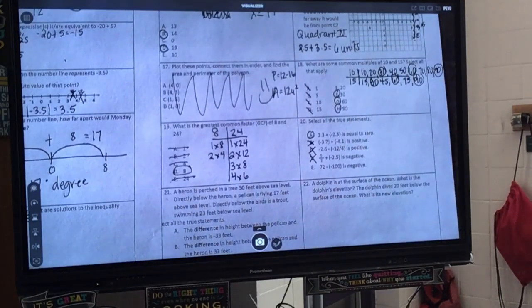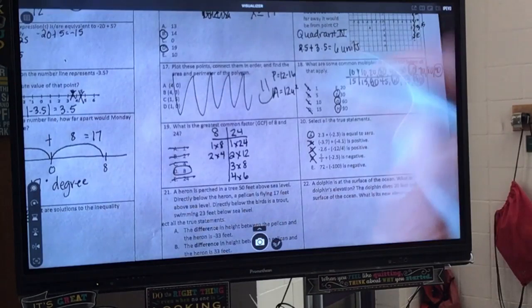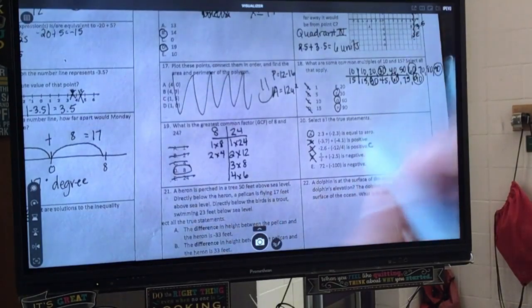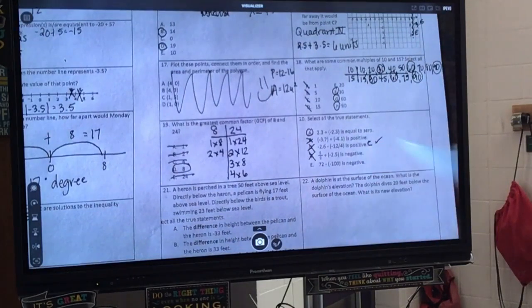Do you have a question? About C, because negative 12 fourths is equal to negative 3, and a minus a negative number. Oh, you're right. Sorry. Yep, this is correct. So C is right. All right. So some of us are standing for this one, some of us are not.